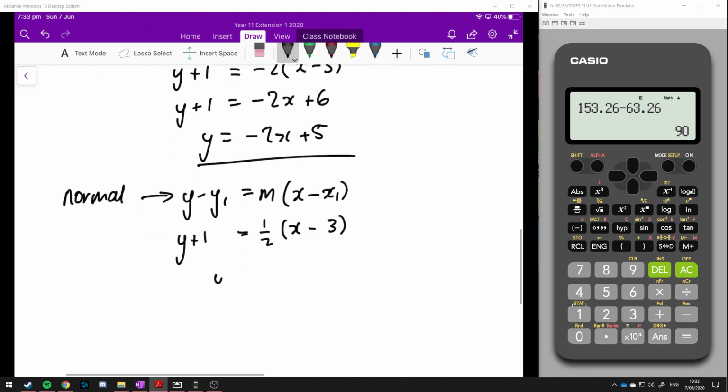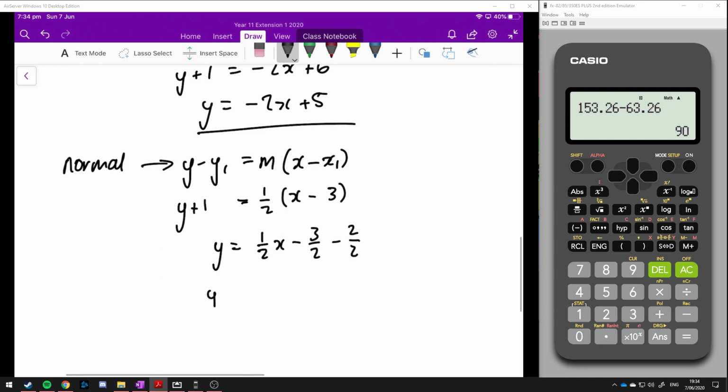So y is equal to a half x, minus 6 on 2, minus 3 on 2. Adding 1, which is 2 on 2, we subtract 1 from both sides. I'm going to write it this way: minus 3 on 2 minus 2 on 2. So y is equal to a half x minus 5 on 2. And there's our equation for our normal.